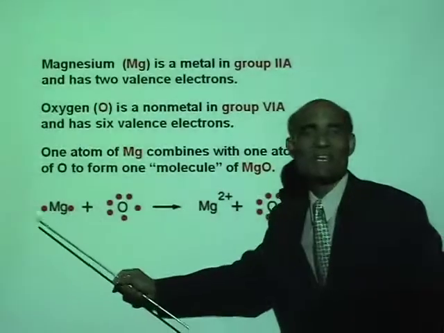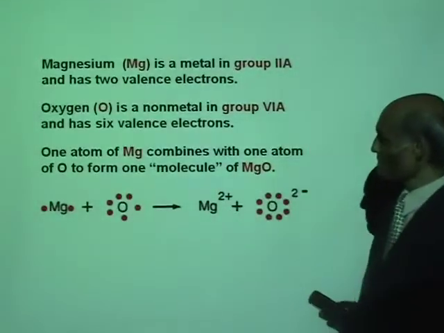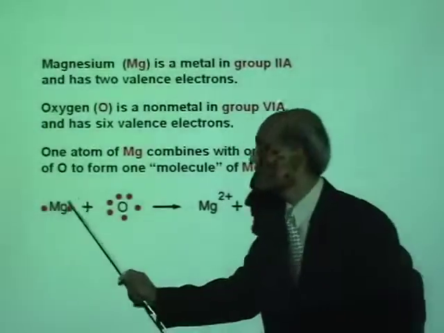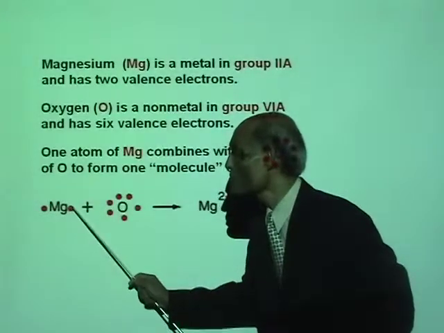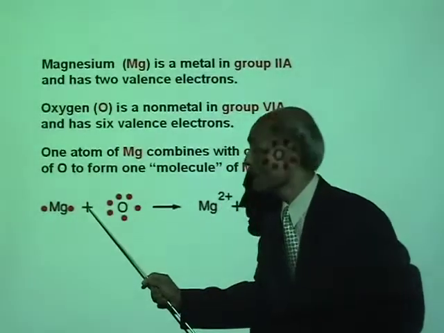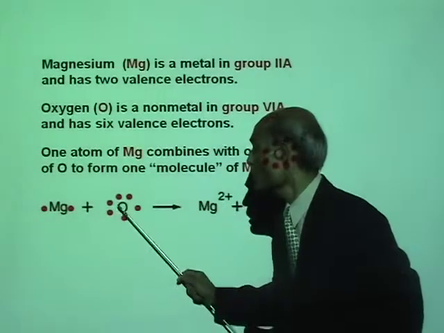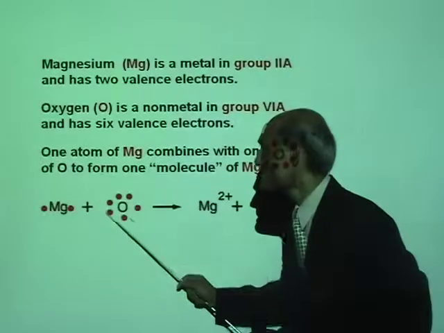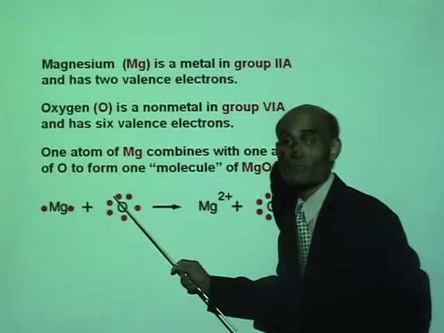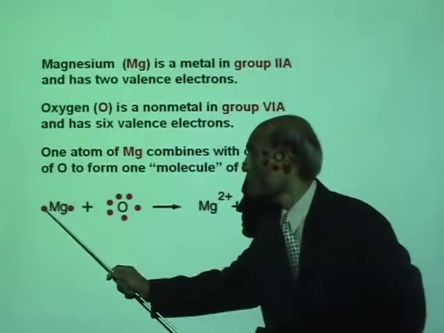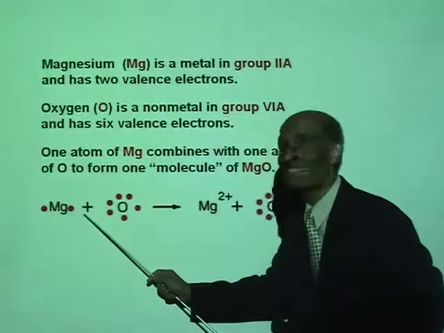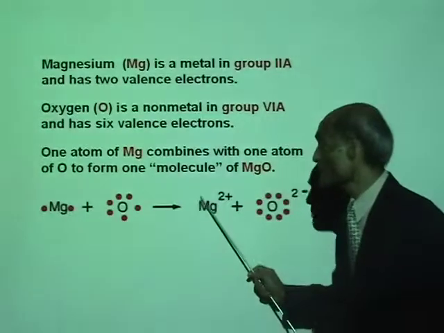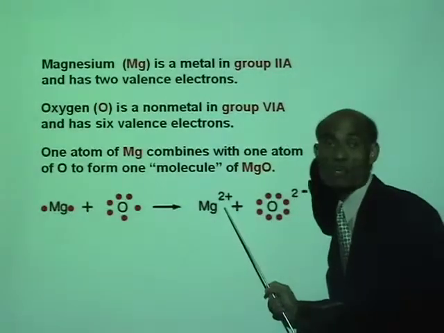And look at the notation there. That's a beautiful way to represent it. Magnesium, which has 2 valence electrons, combines with oxygen, which has 2 plus 2 plus 2, 6 valence electrons. What will happen? Magnesium will lose both these electrons and it will become a magnesium ion.